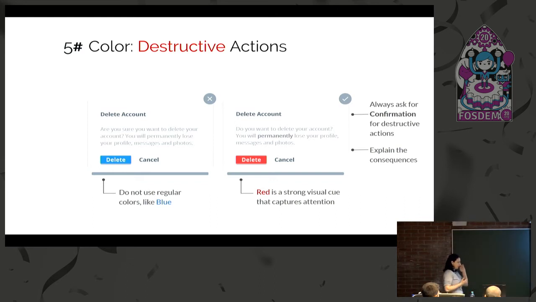And for destructive states, it's really important to ask for confirmation. So if you're doing something that will affect the user, ask him to see if he didn't accidentally press that. And I know it's harder to implement the undo and measure controls, but they could be very helpful for the user to feel in control and safe and know that he can come back to that.